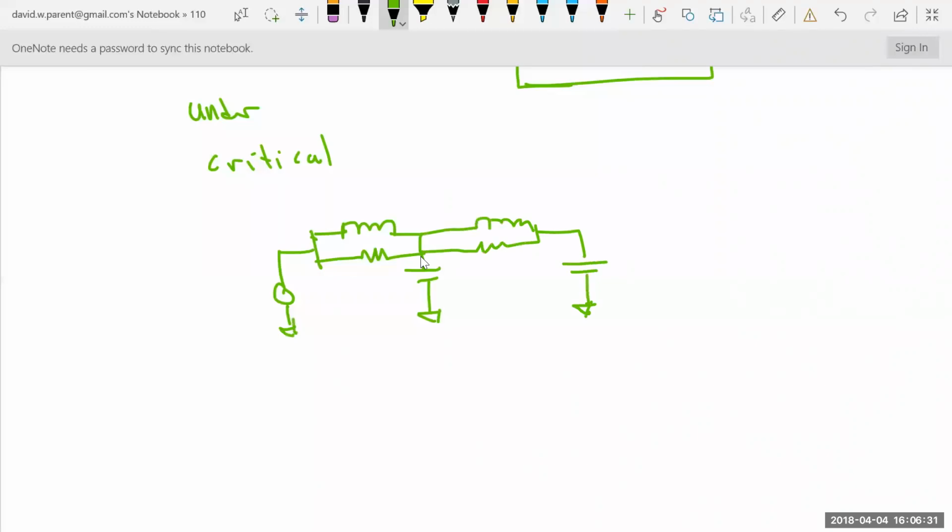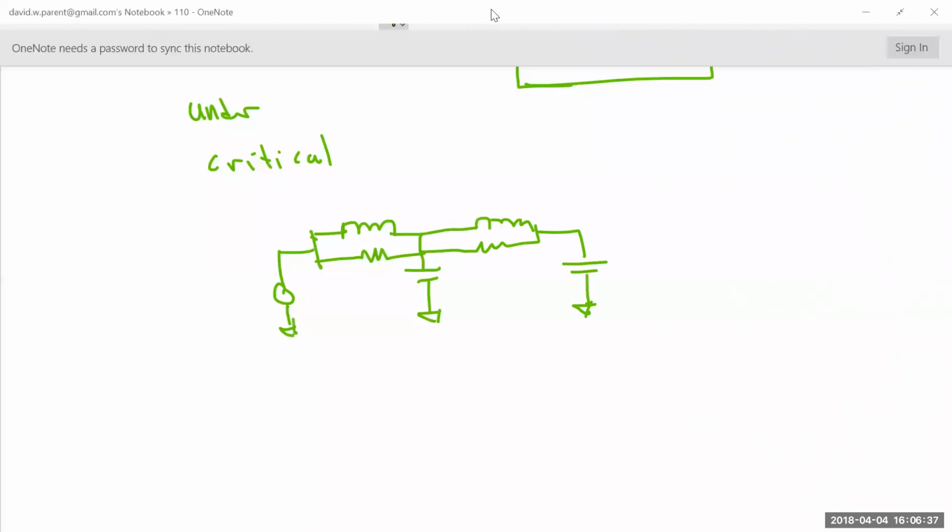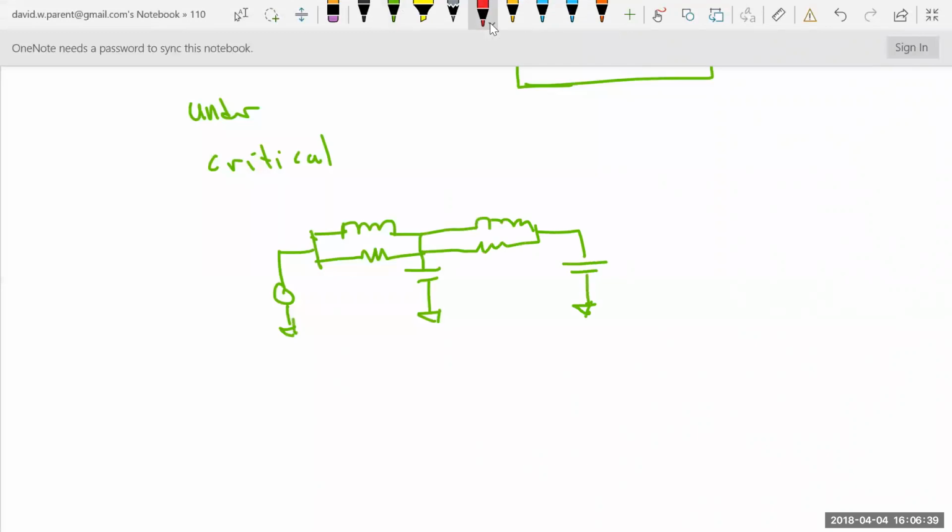Because they were talking about a human in a car. So the thing is, I have 1 inductor, 1 capacitor. That's got to be second order, right? I have 1 inductor, 1 capacitor. That's got to be second order.